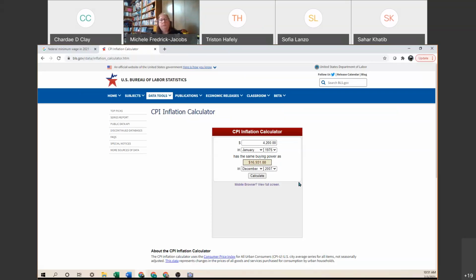So according to inflation, if you made this much in 1975, you should be making this much in 2007. Any questions on part A? And again, you do need to explain, so you could just write it all in one paragraph.